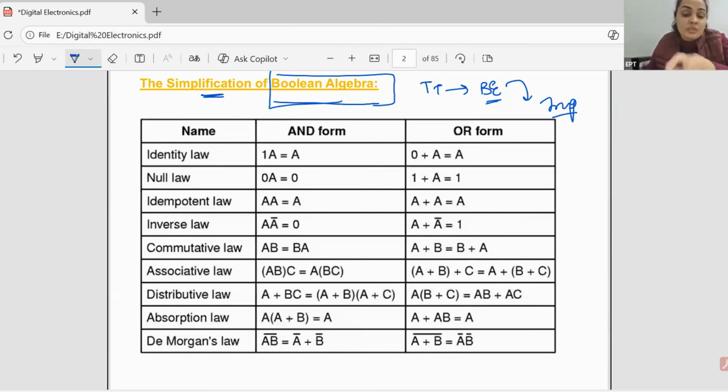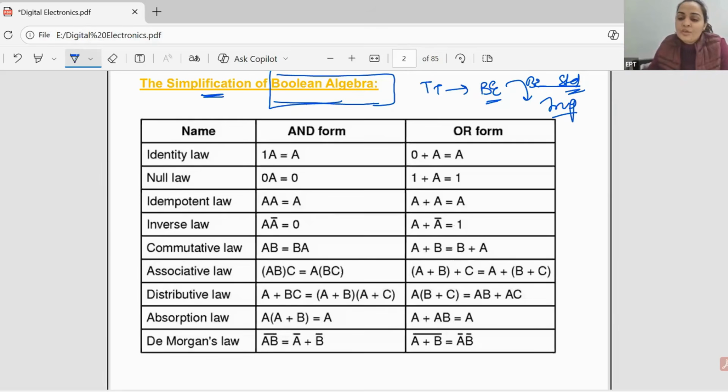And students, there is one thing. If you have a Boolean expression in its standard form or canonical form, the question arises, what is canonical form or standard form? In canonical form, each term will be written with the help of all the variables.